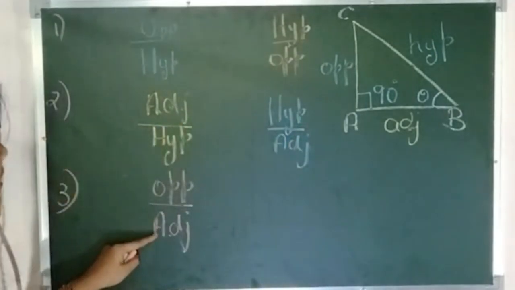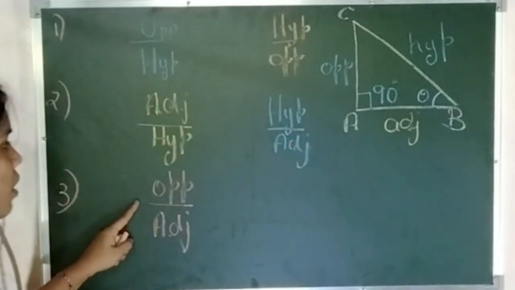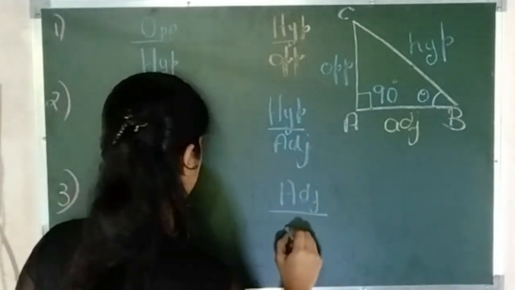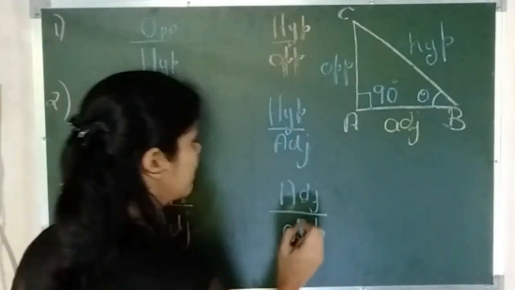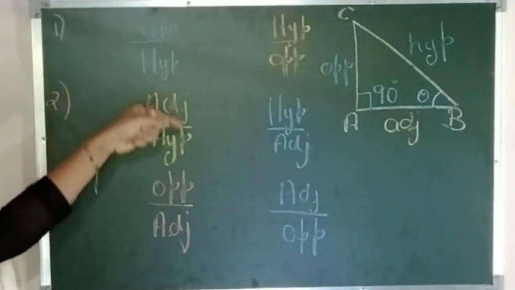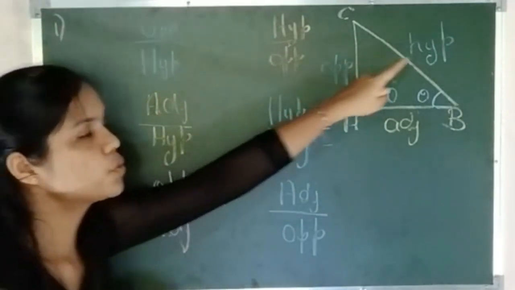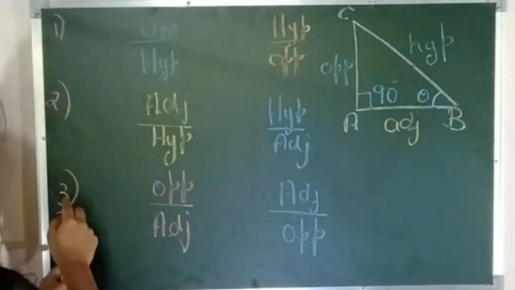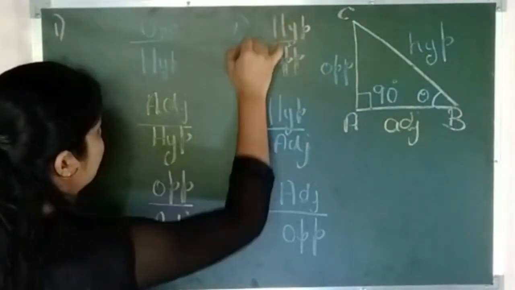And the third possibility is the reciprocal of opposite by adjacent, that is adjacent divided by opposite. These are nothing but the ratios of any two sides of a right angle triangle. There are no other possibilities. Totally there are 6 possibilities.